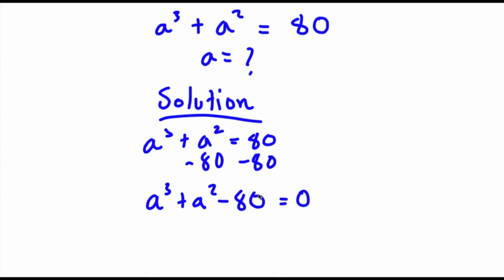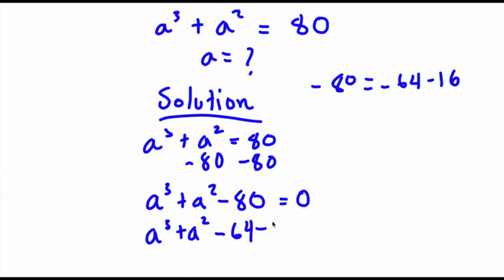Now negative 80 is the same thing as negative 64 minus 16. So I'm going to rewrite this as a to the power of 3 plus a squared minus 64 minus 16 is equal to 0.